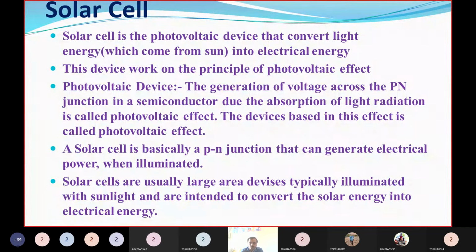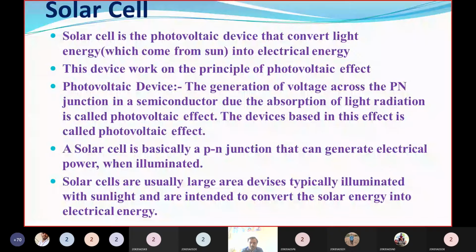So what is the definition of photovoltaic effect? The generation of voltage across the PN junction in a semiconductor due to absorption of light radiation is called photovoltaic effect. Whenever the semiconducting material is illuminated by light radiation, that means it absorbs the light ray.